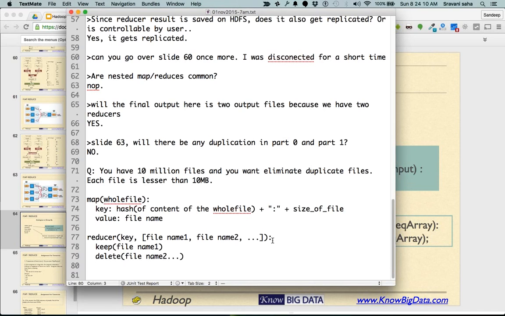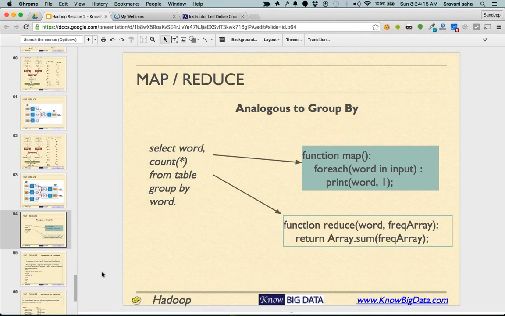So this way we can basically deduplicate the files.